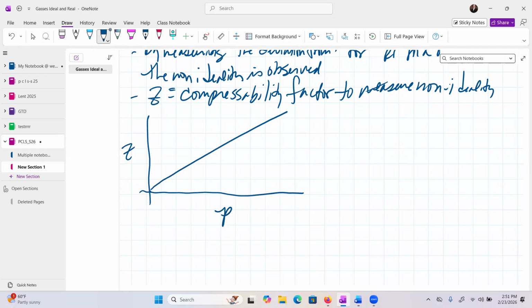This is ideal gas. You get the equation y equals x, which is right on the diagonal. That goes right through 0. Okay, but what you get in a real gas is something more like this. Okay, this is some experimental gas.